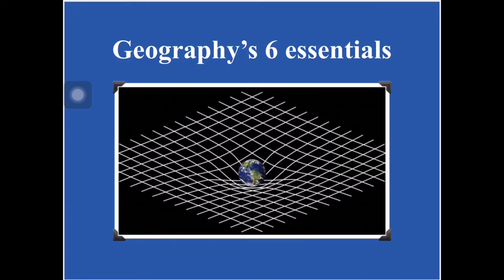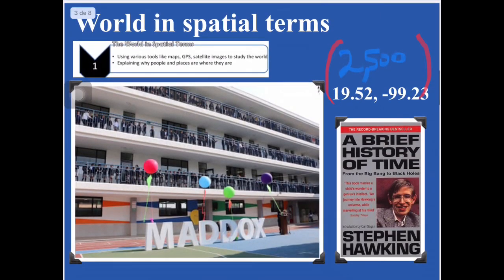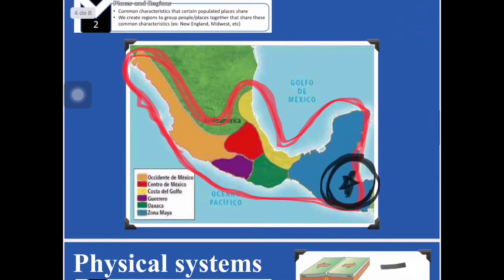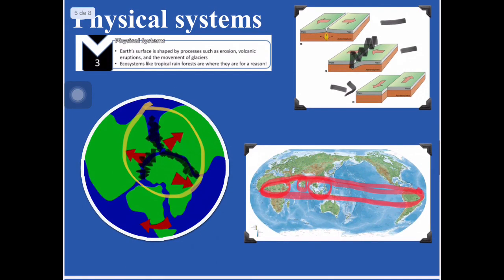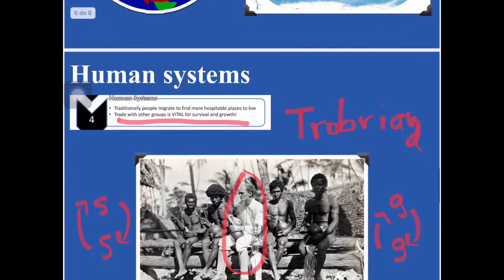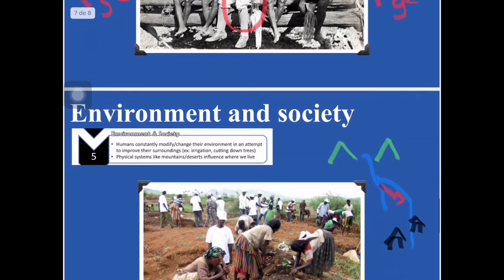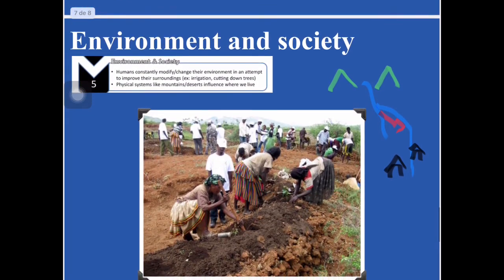They only have some peculiar things, yes, but as you can see, space is very important in terms of location, places and regions, physical systems. At least we can understand what is a system now, right? Not only elements, but elements joined together, working together, right? That is a system. Elements or parts and relations, that makes a system. Now, human systems, environment and society, the uses of geography.